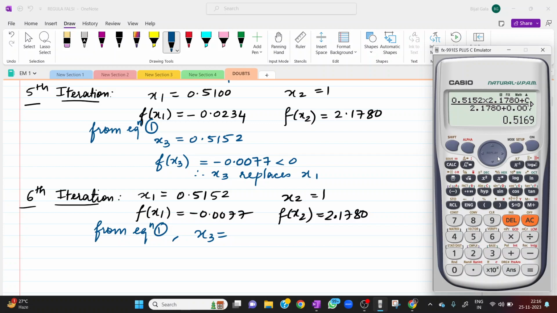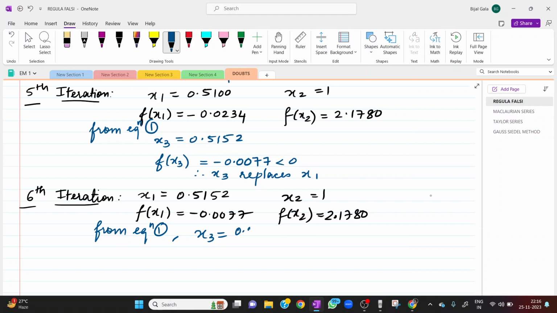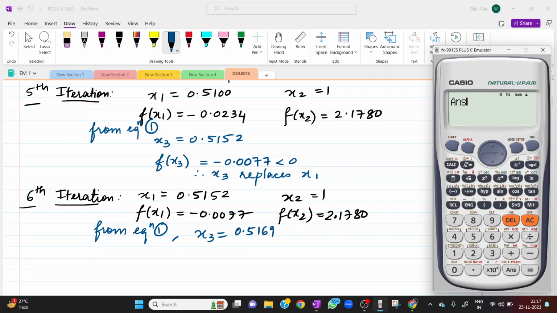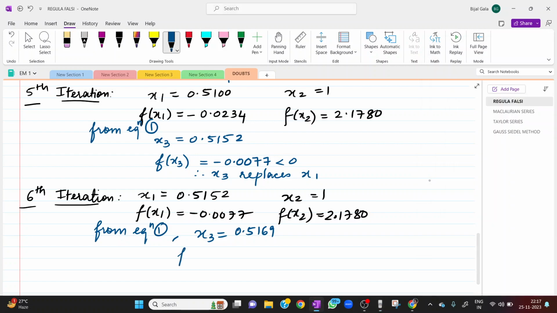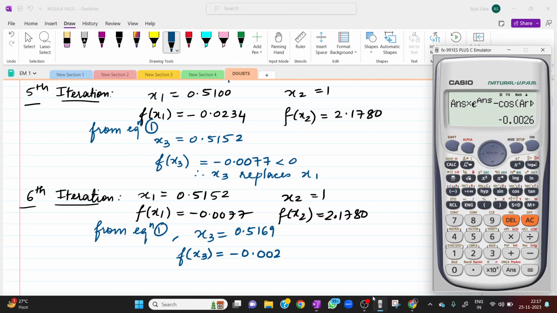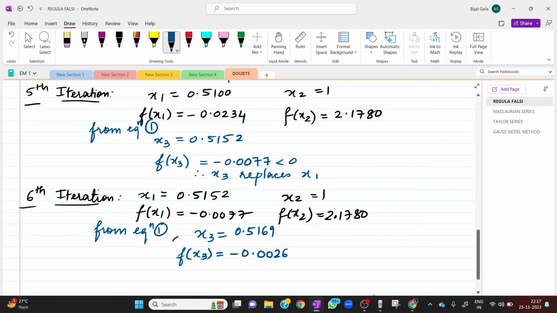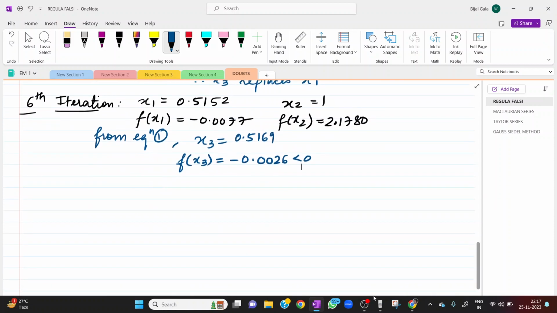And we get 0.5169. And let's calculate f of x3. So negative 0.0026. So again, x3 is going to replace x1.